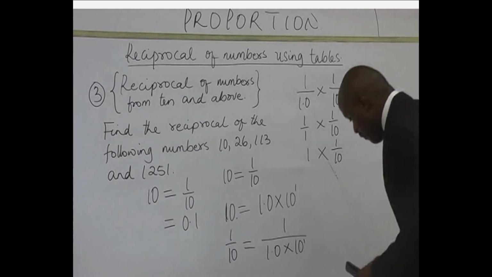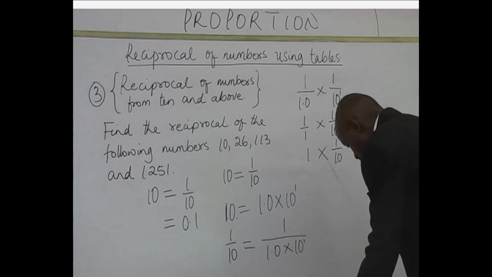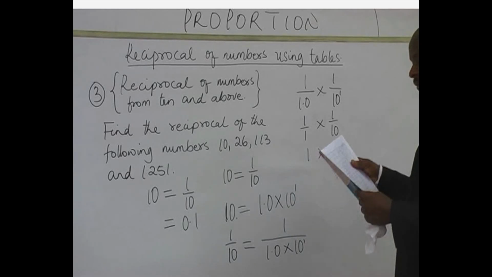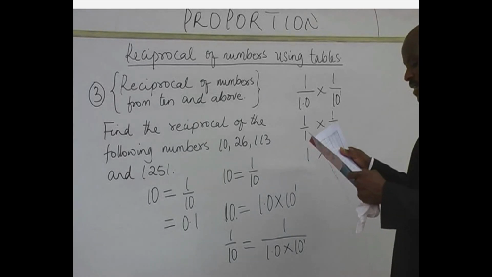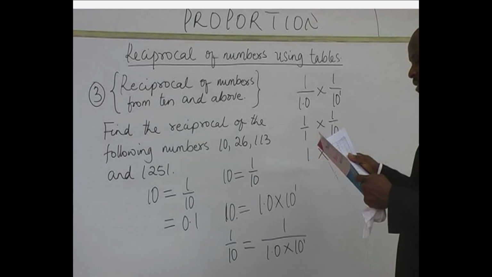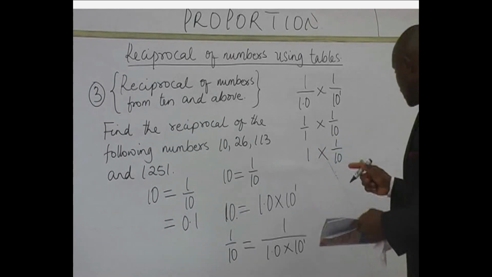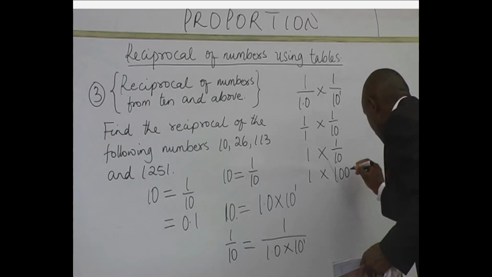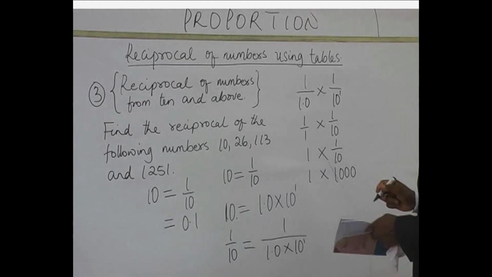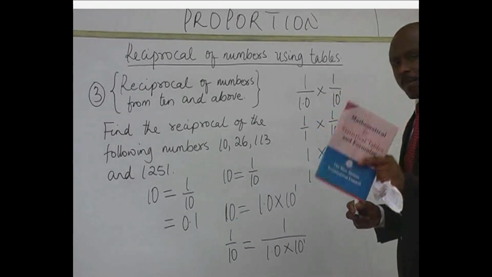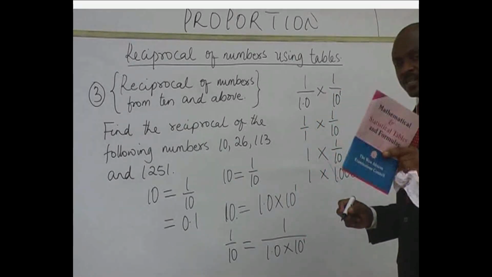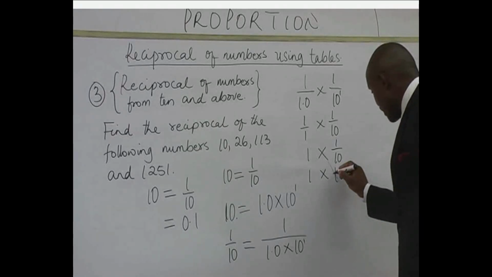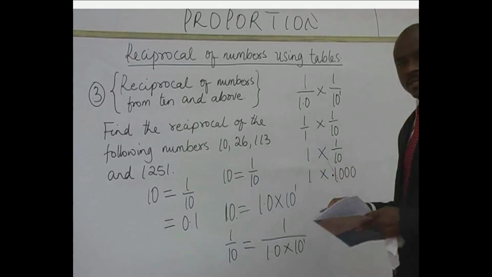So we now use our 4-figure table to find 10 under 0. On page 6, 10 under 0 is giving us 1000. So we have 1 times 1, 0, 0, 0. And remember that any number from the 4-figure table, as long as it is from the reciprocal page, has a decimal before the first digit.